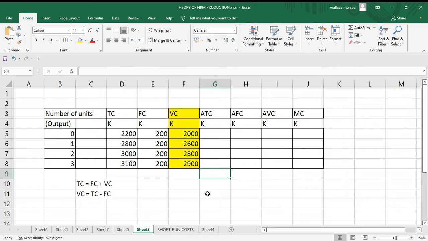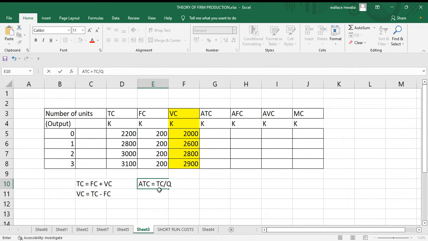Next, we'll find our average total cost. Average total cost, ATC, equals total cost over the quantity.